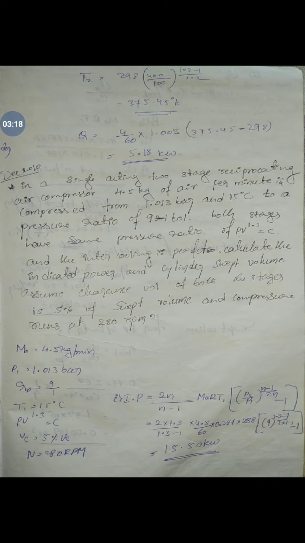After getting T2 and T5, substitute: Q is equal to mass of the air, 4 by 60 in kg per second, specific heat of the air, which is not given, we can assume 1.005 for air, and T2 is 375.45 minus T5, where T5 is equivalent to T1, 298 Kelvin. From this we get the heat rejected in the intercooler as 5.19 kilowatts.